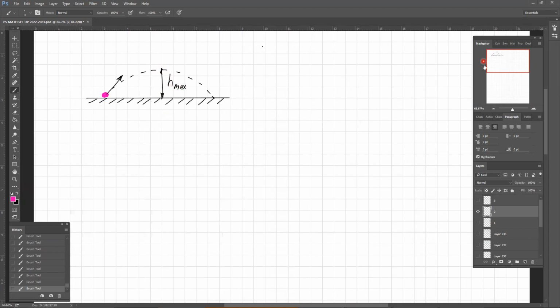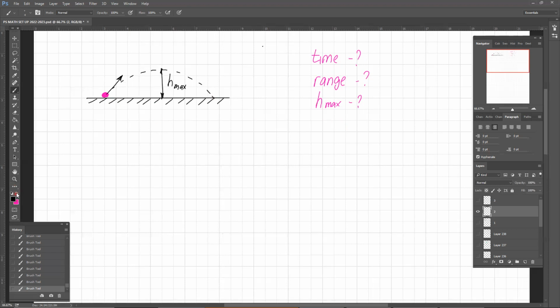So we should set this inquiry as we are interested in the time of flight. We are interested in the range. And just as a reminder, range is how far the object fell from the original position. And we are interested in maximum height. So those three things.